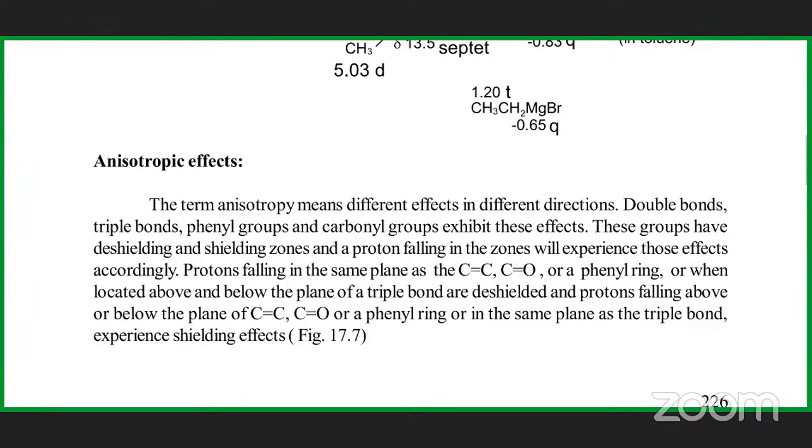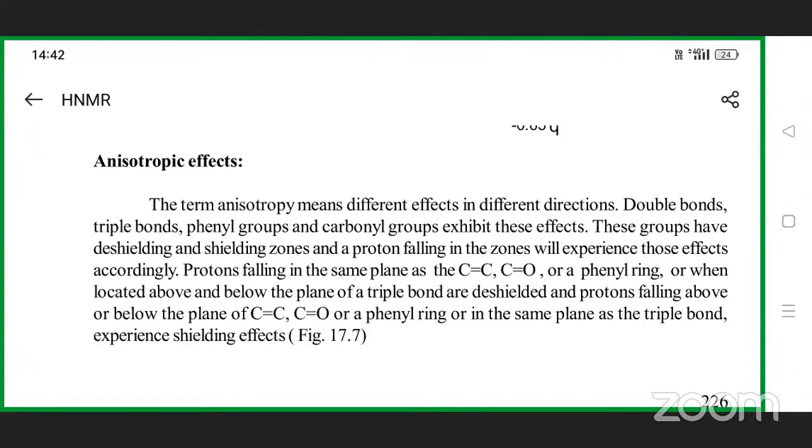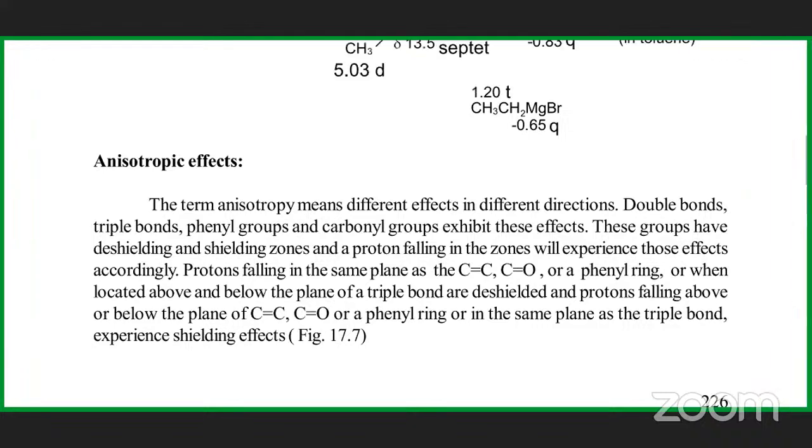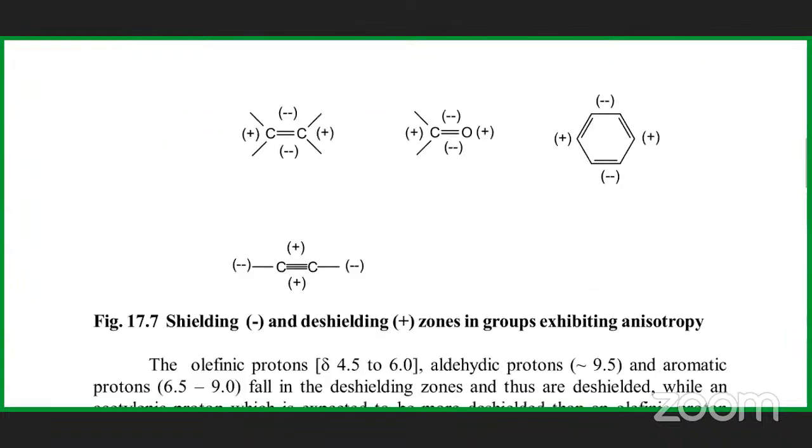And when the produced effect is distributed unequally, then we call it an anisotropic effect here. So we'll see which types of compounds are exposed to the anisotropic effect and which are not, with this example.